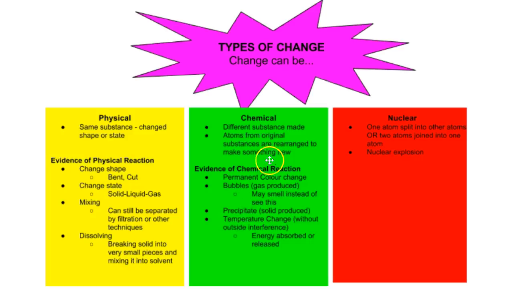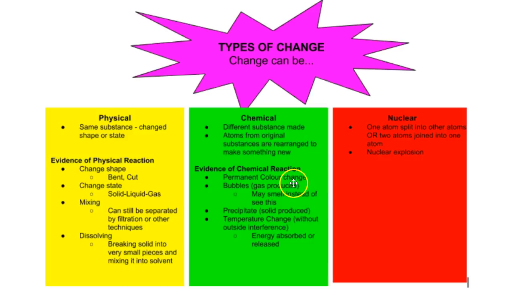Now the next one here is chemical reactions. We reviewed this at the beginning, but let's go over it in a bit more detail. If you have something new being made, you're going to see some evidence about that. You're going to see possibly a new substance being made that has a different color to the old substance that you mixed in. So you'll see a color change, a permanent color change, because the new substance is now different from the original one.